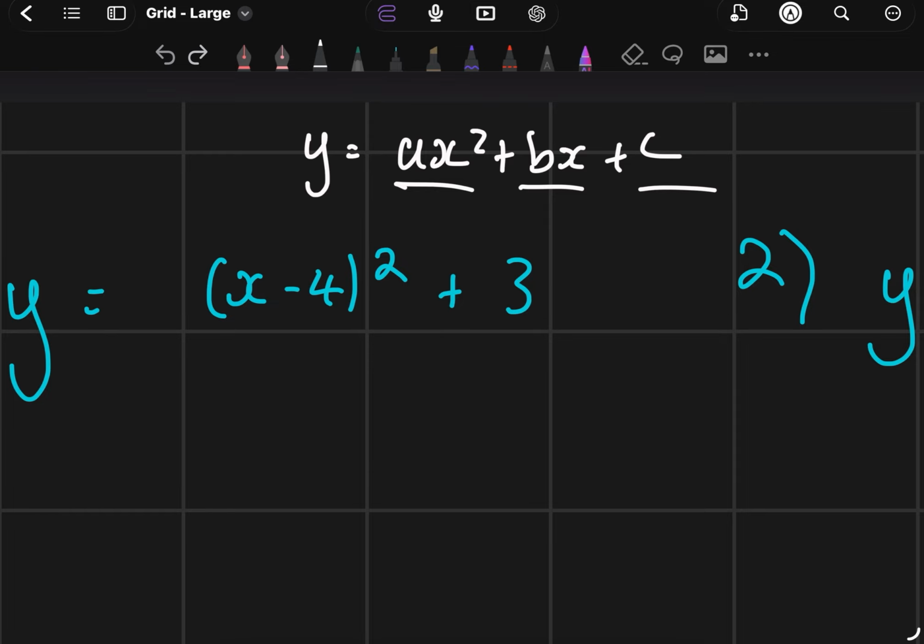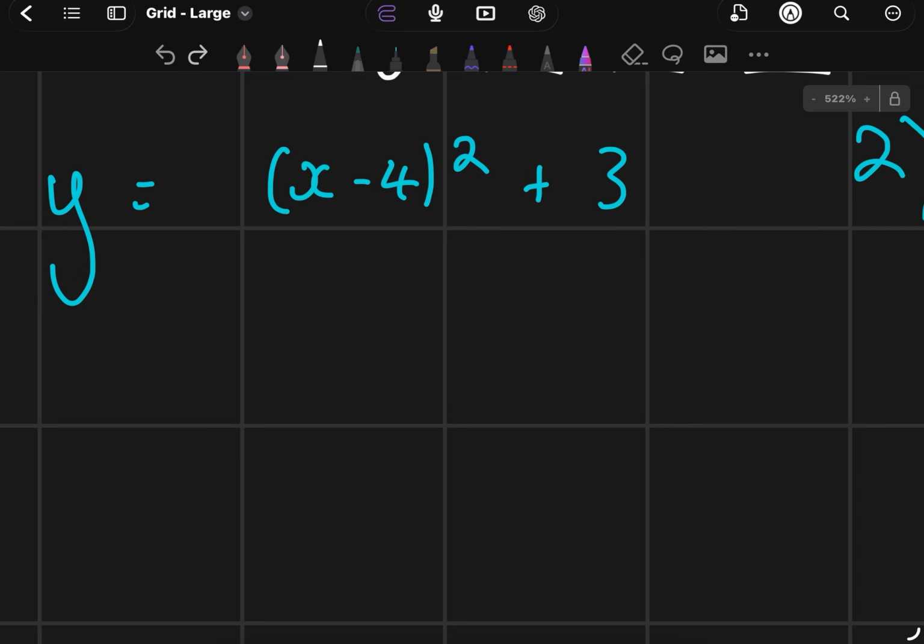So in our case, let's try that out. Here it's y equals x minus 4 squared plus 3, and we have to figure out the approach on how to do this. The first thing we're going to do is expand x minus 4 squared.